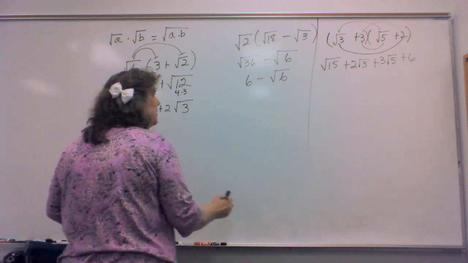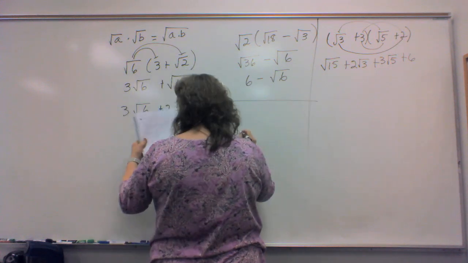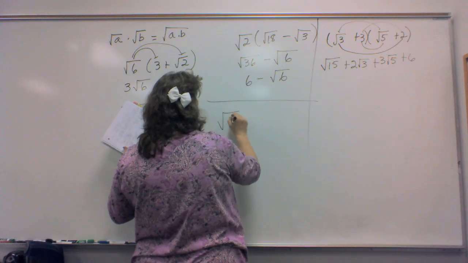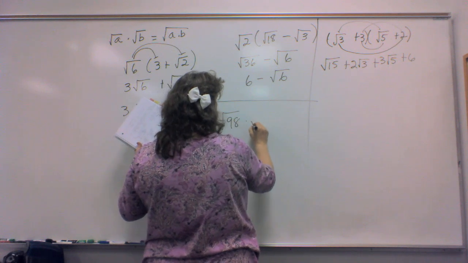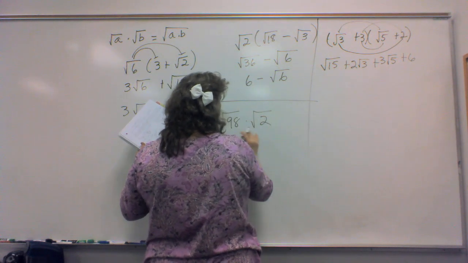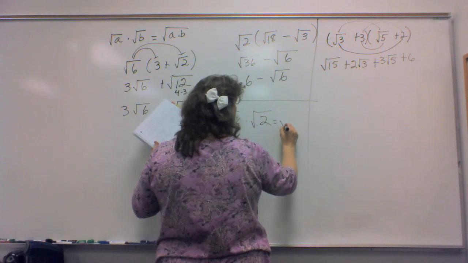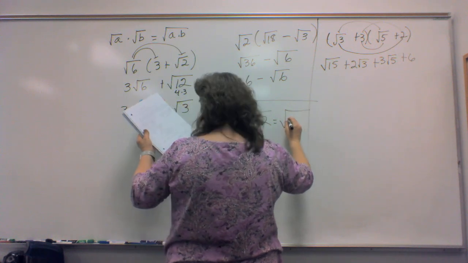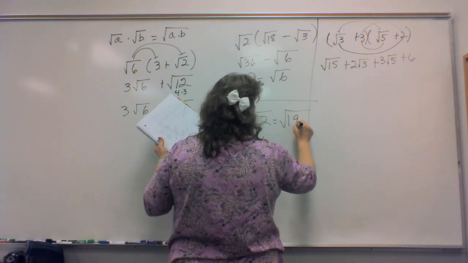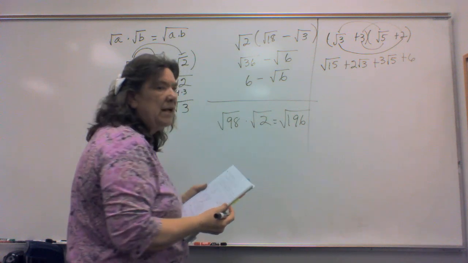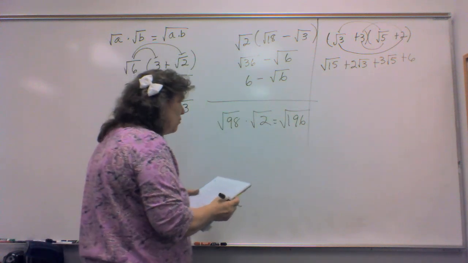So how about bigger numbers? Something like the square root of 98 times the square root of 2. You simply multiply what's inside, and this is 196. Well, 196 is a perfect square.